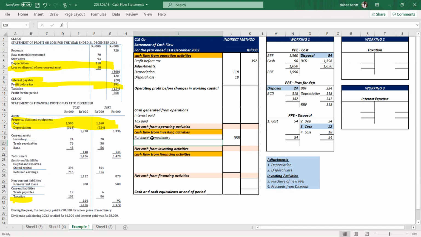Then proceeds from disposal, which is 12,000. Proceeds from disposal 12.